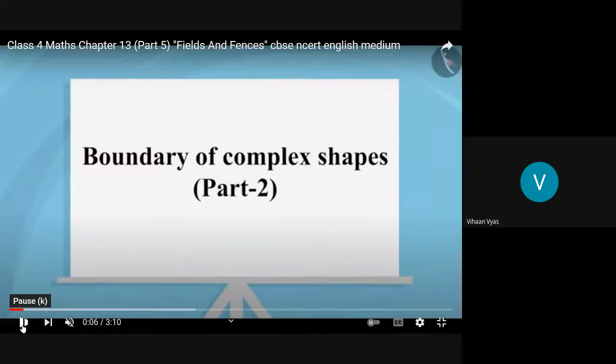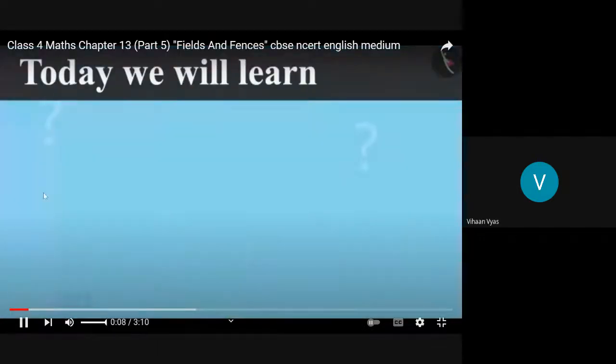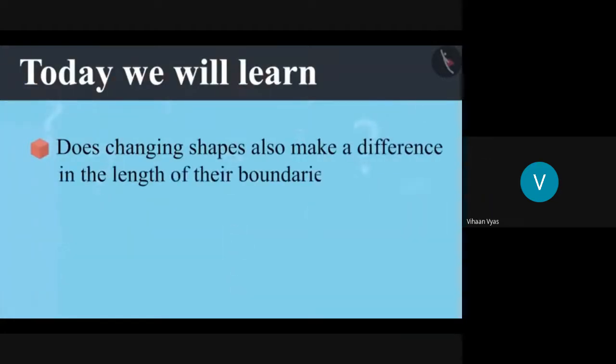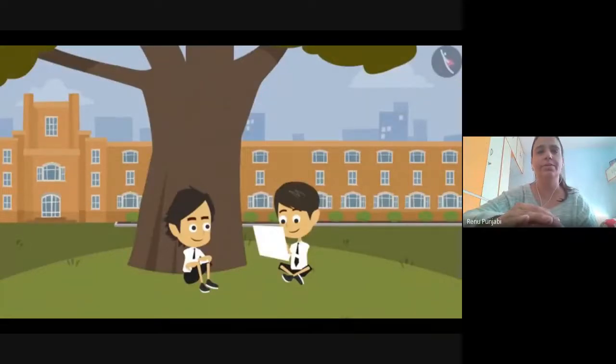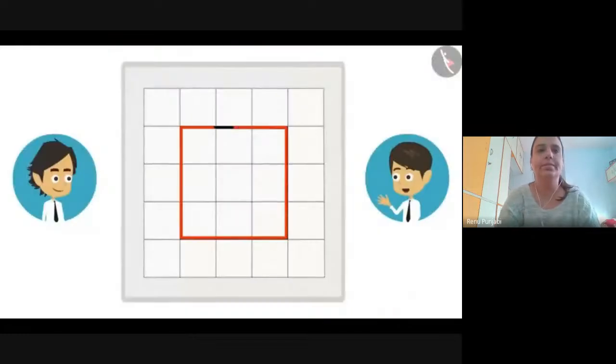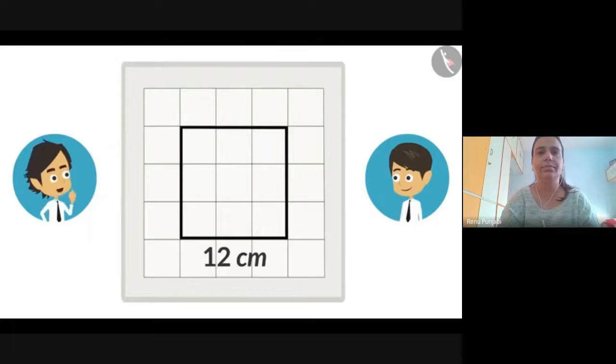In this video, we will learn, does changing shapes also make a difference in the length of their boundaries? I'm going to mute myself. Look, I made a square on this paper. Its boundary is 12 centimeter. Yes, that is easy to find.